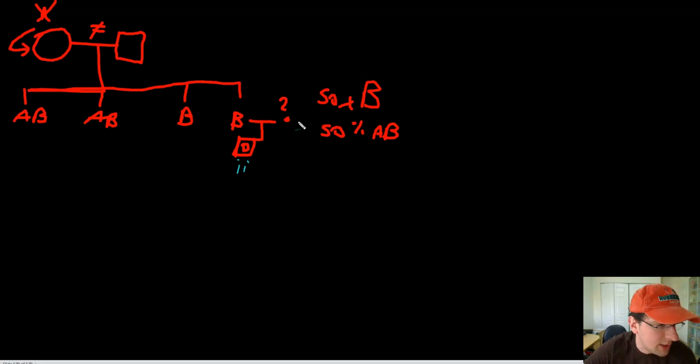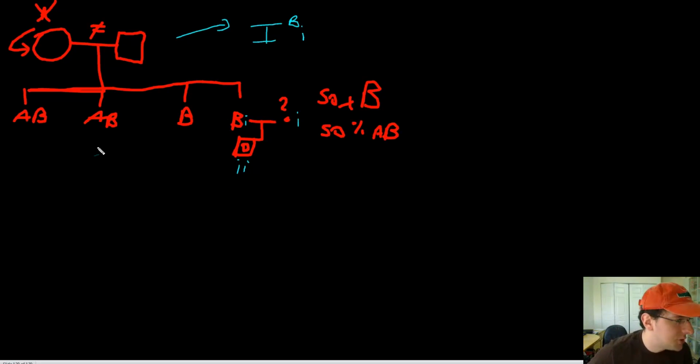So whatever this parent is, it absolutely has a little i because it donated that, and this parent also has to have a little i because it donated that. So I already have part of my genotype here. One of the possible offspring of those parents has to be like that. Otherwise, you would never have that situation happening.